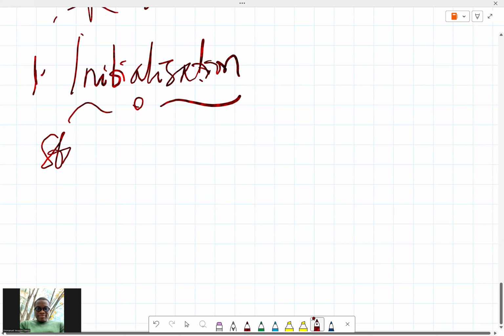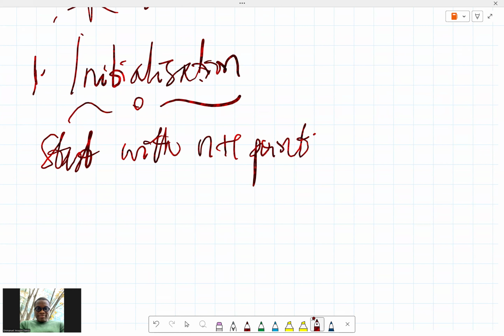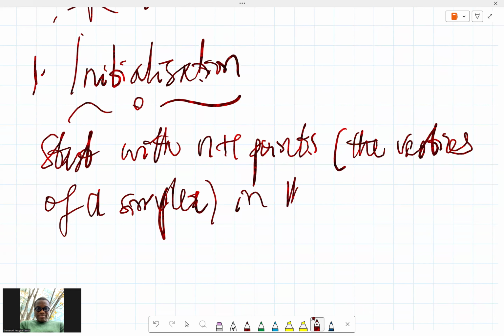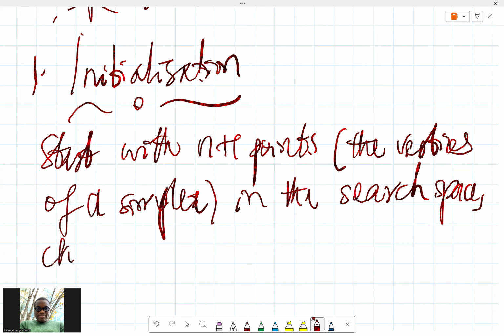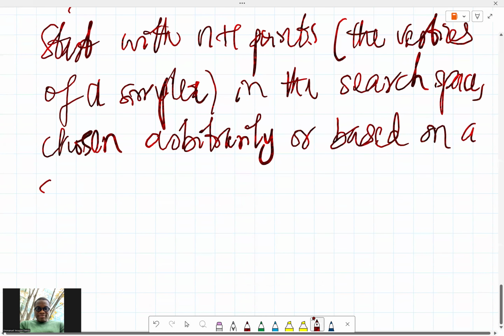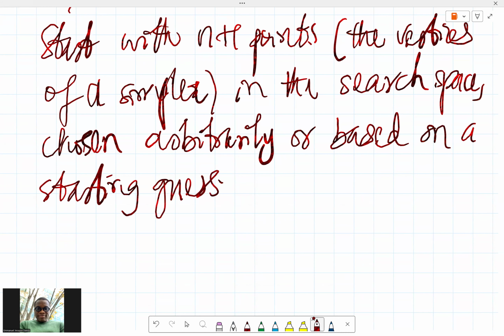Start with n+1 points, that is the vertices of a simplex in the search space, choosing arbitrarily or based on a starting guess. That's the first thing we do.